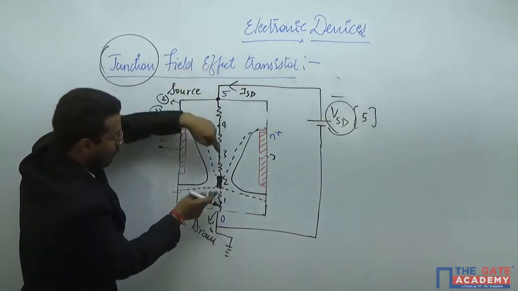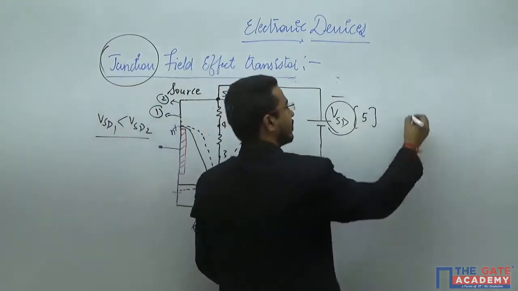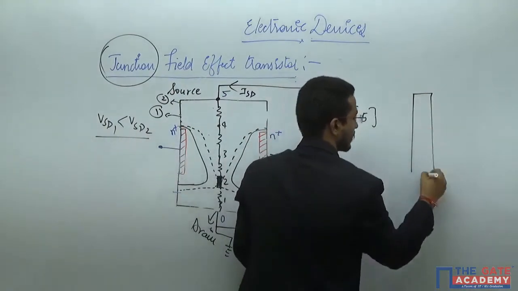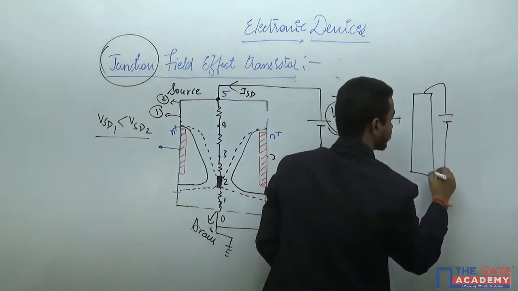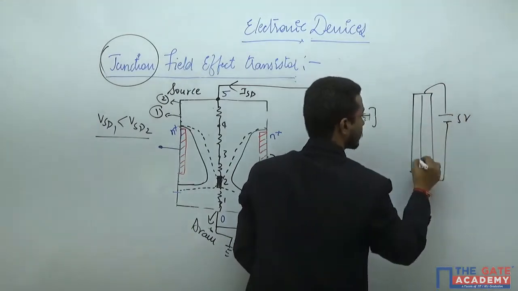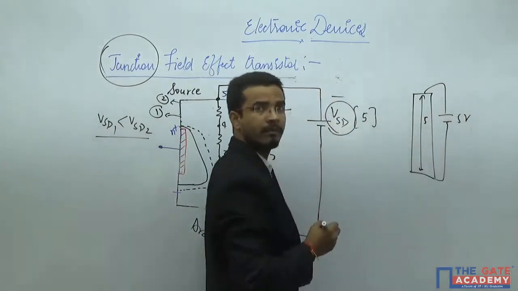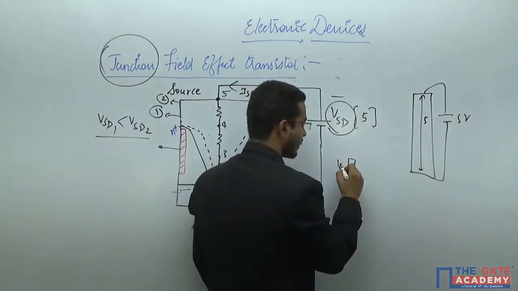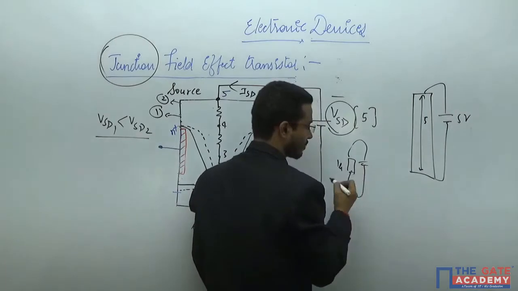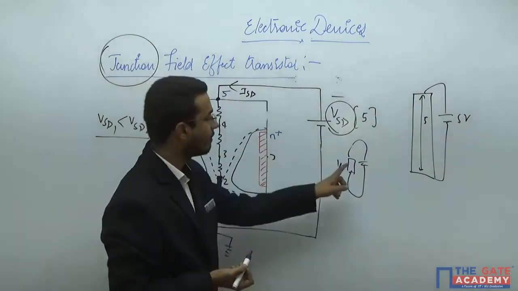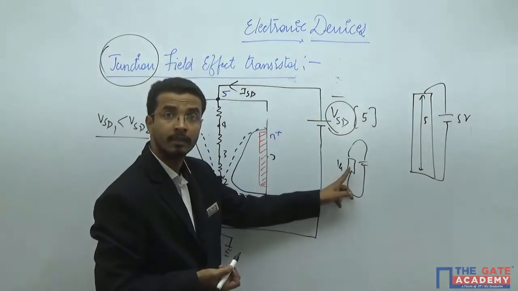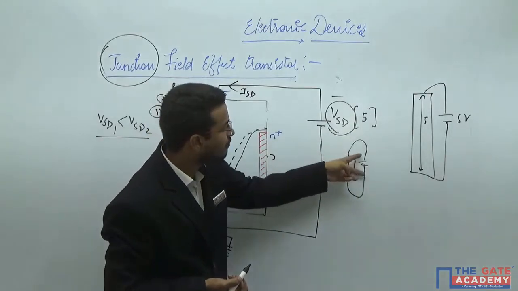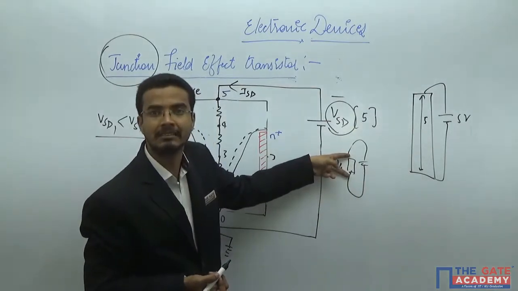Now you have two bodies like this. The first one has 5 volt and the length is 5 micro. Now the length is 1 micro and you have the same voltage. Obviously the electric field will be high here. Yes or no? Because the separation of this 5 volt across this is very less.